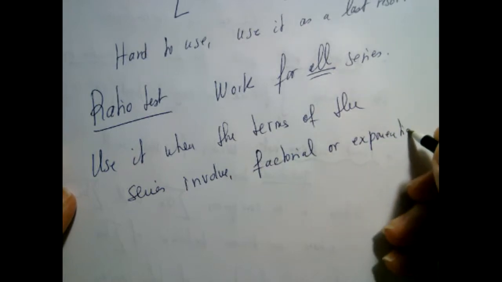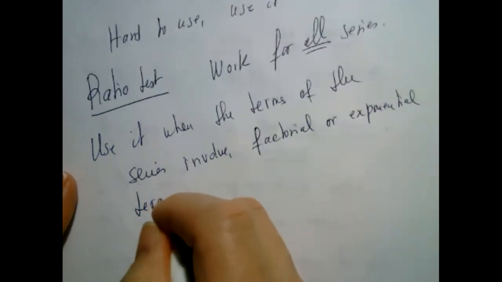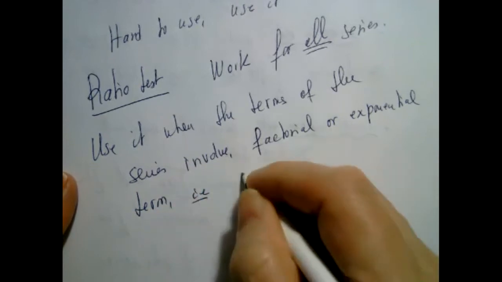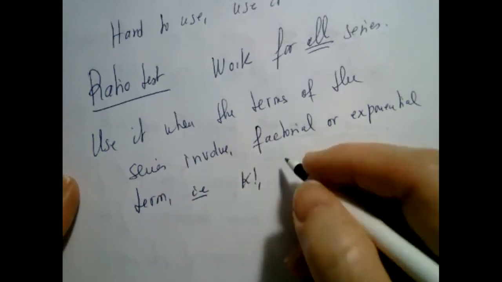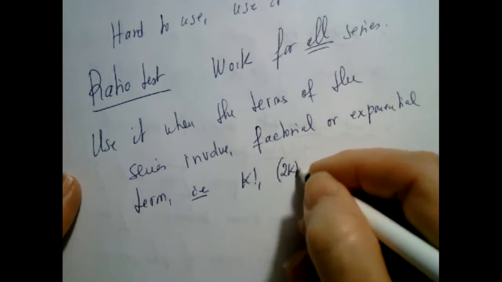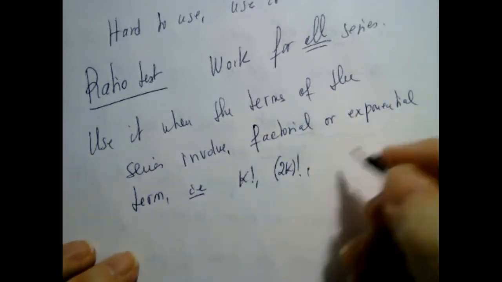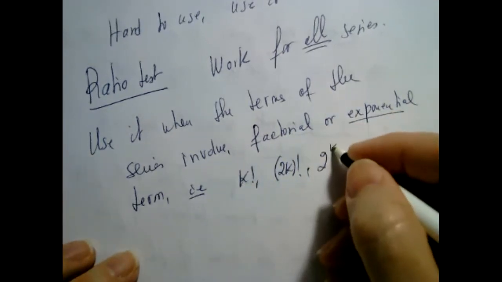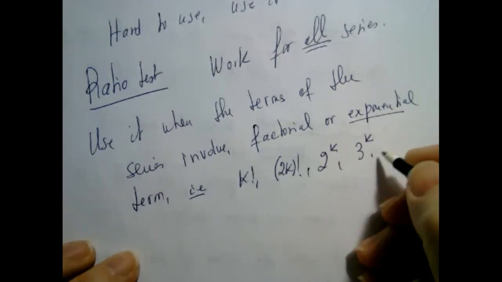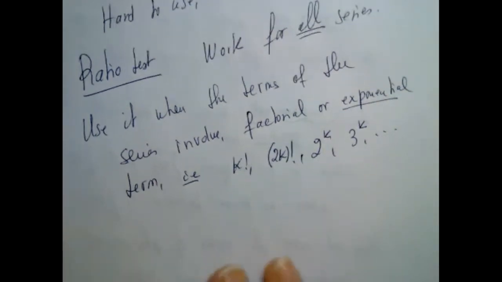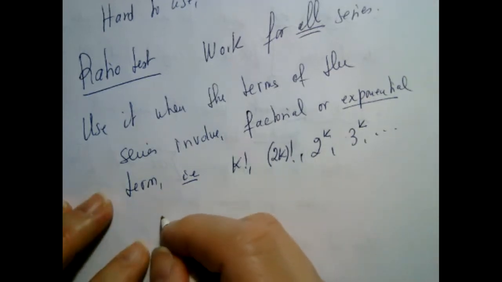What do I mean by that? It means they involve k factorial. Sometimes we're going to have 2k factorial, and then exponential terms, 2 to the k, 3 to the k, etc., or a combination of them.